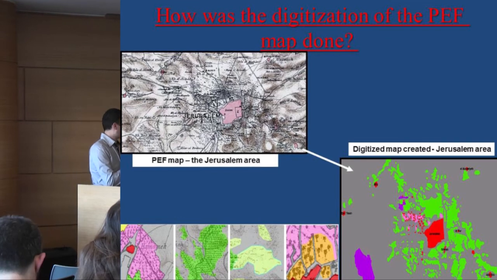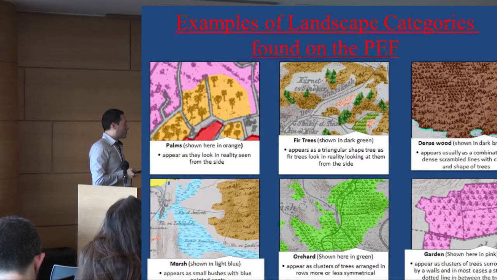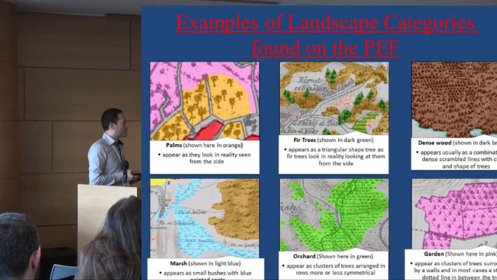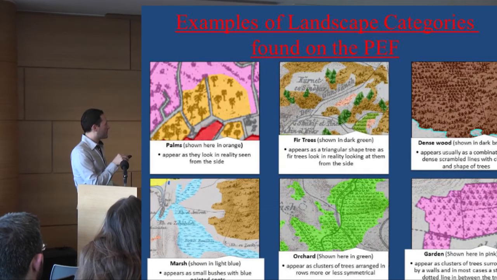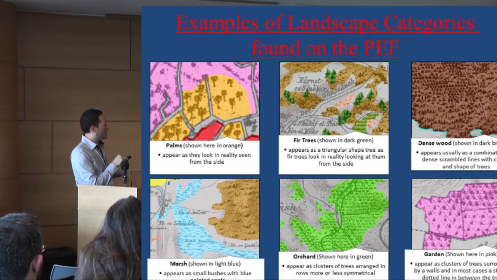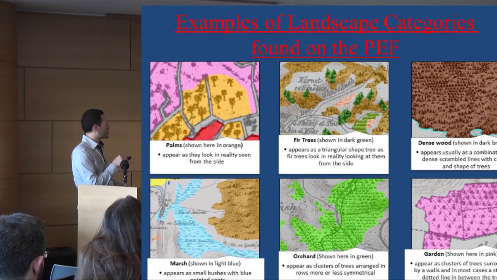Here I will give you an example of 6 features shown on the map. What you see here is 2 layers. You have the PF map below, and the color with the shape of the polygon is the digitized layer we did. Here you have palms, for example. They do look like palms, I think.